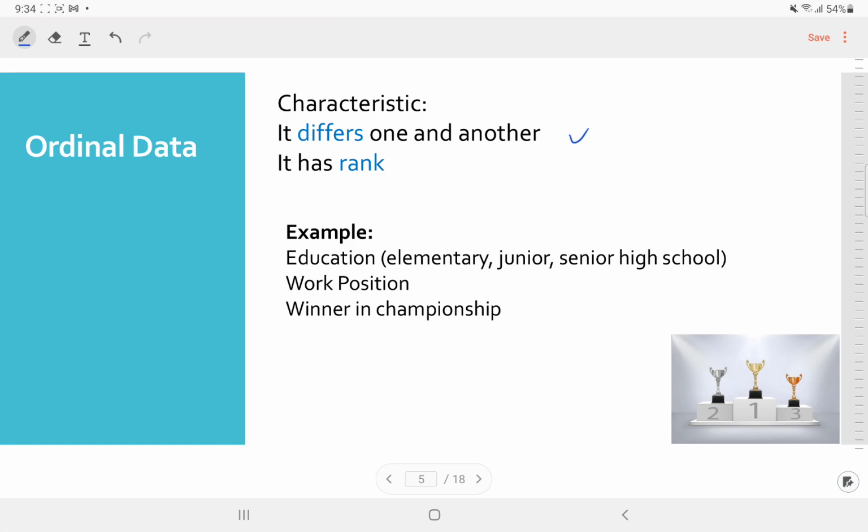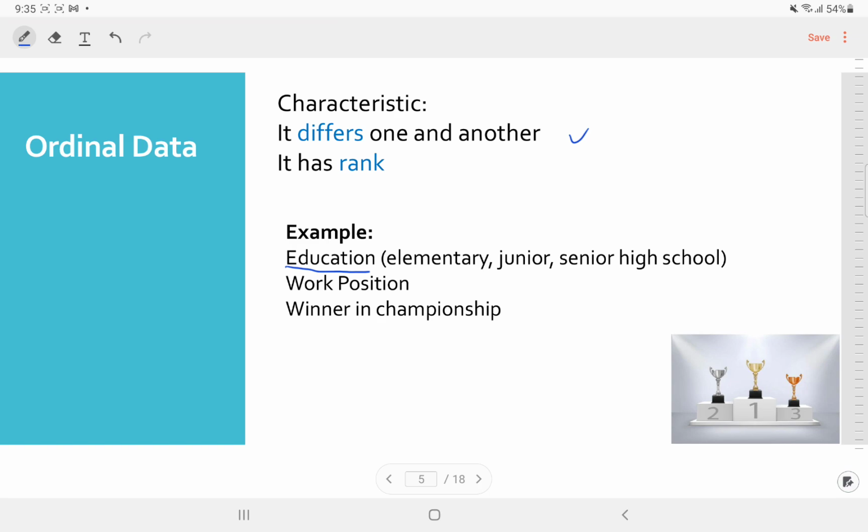For example, if we are talking about education, we'll have elementary school, junior high school, and senior high school. Or maybe you can add one more, university or college. Or maybe you will classify the university, for example, diploma, or bachelor degree, or master degree or PhD. It depends on your research.